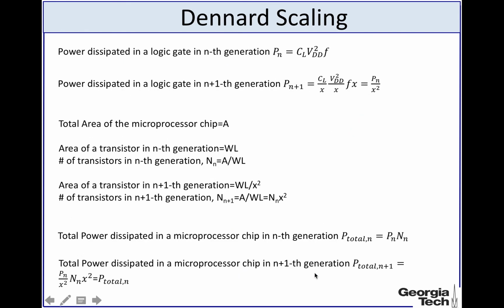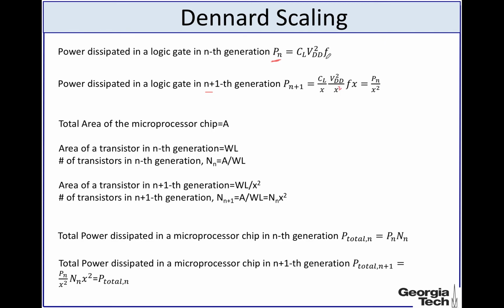All right, so now the power dissipated in a logic gate, as we have seen, is CL VDD squared F. So this is the power dissipated in a logic gate in the nth generation. In the n plus 1 generation, you replace CL with CL over x, VDD with VDD over x.